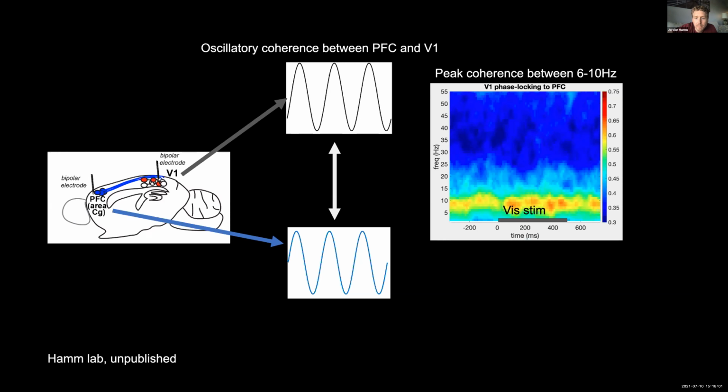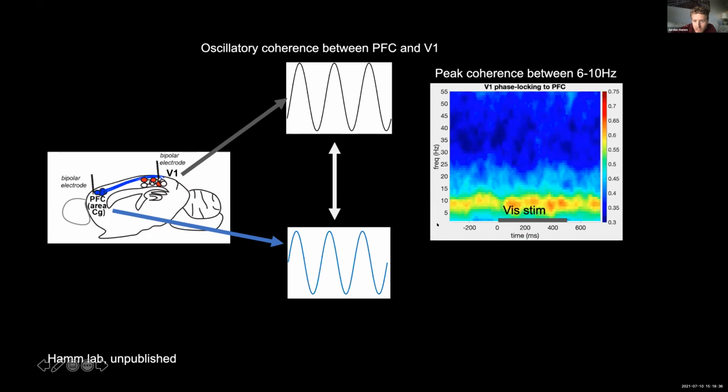This heat map reflects how locked in phase, or the consistency of the phase difference, V1 and PFC are. This was recorded in about 7 different mice in the paradigm. There appears to be a highly consistent shared signal, or phase locking, between the two areas, particularly in the theta to alpha range from about 6 to 10 hertz. And this is relatively consistent across the paradigm.